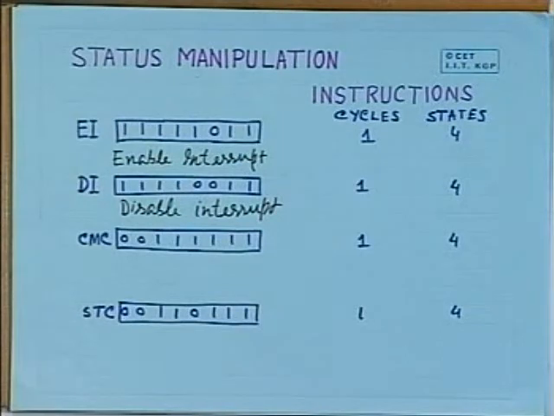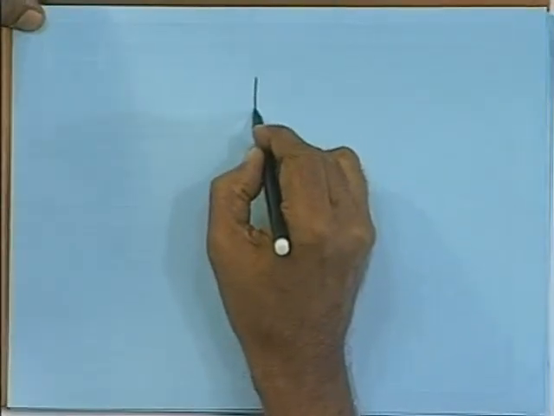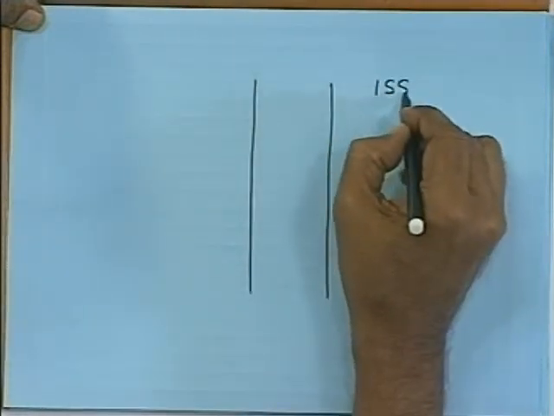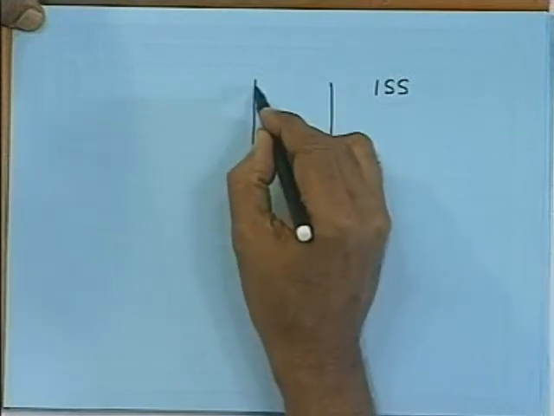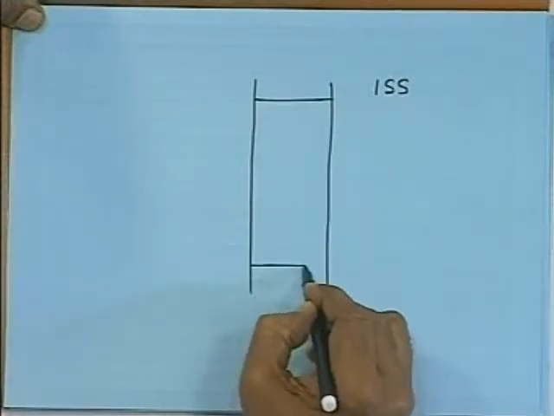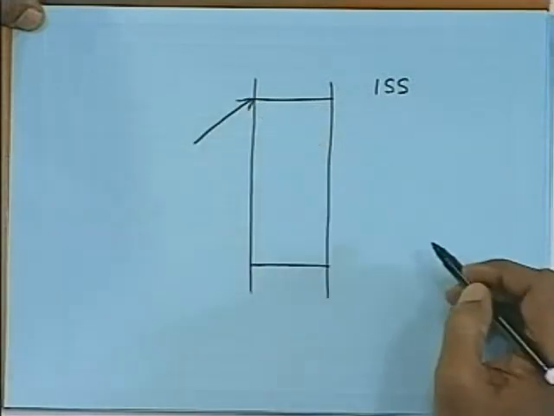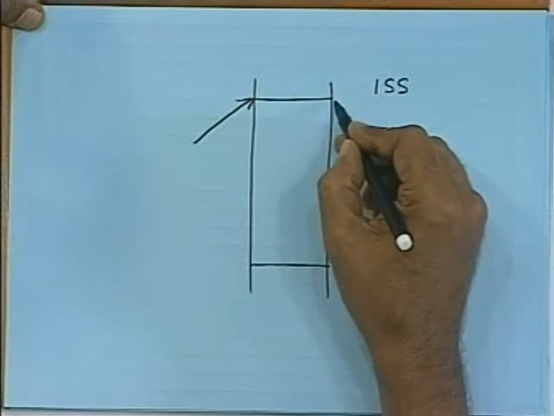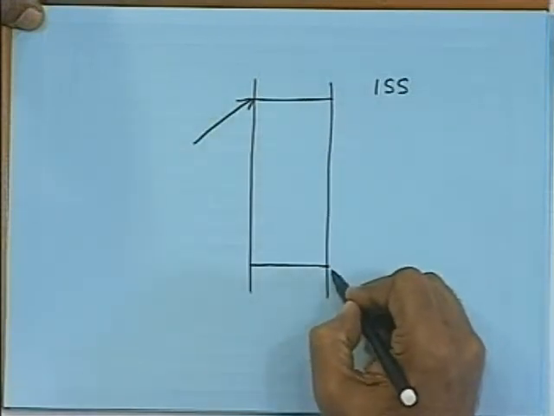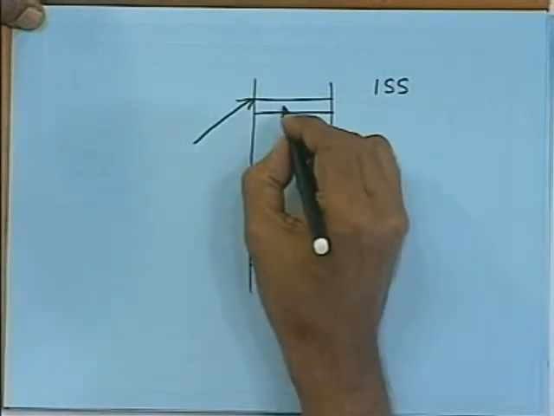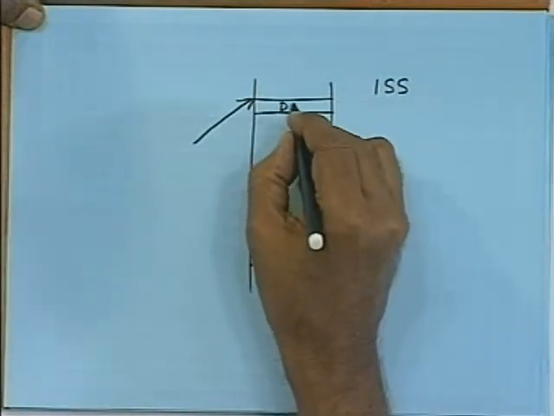That is why, in practice, suppose you have written an interrupt service subroutine, and it starts from here and it ends here. If you want that as you enter this interrupt service subroutine, no interrupt should be accepted, then immediately after jumping to this interrupt service subroutine, you should execute one disable interrupt instruction.